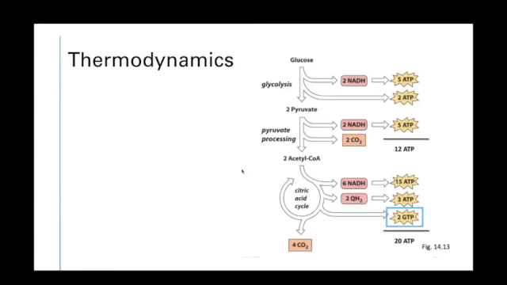To quickly look at the thermodynamics of glycolysis and the citric acid cycle. The citric acid cycle is energy generating, but only if we enter oxidative phosphorylation after this. So only under aerobic conditions do we actually produce energy.